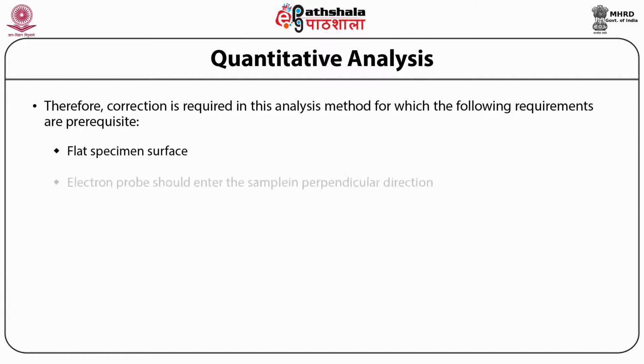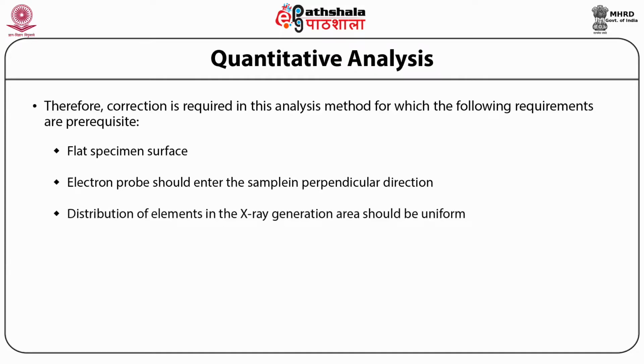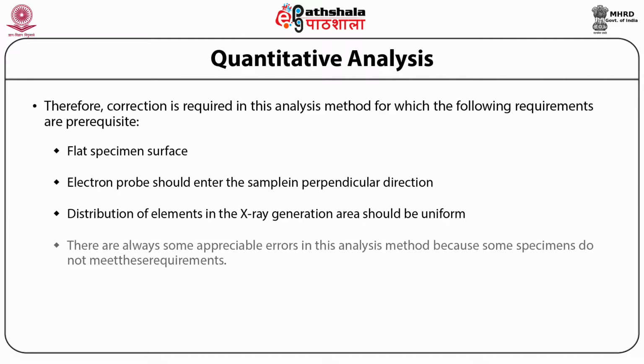Second, the electron probe should enter the sample in a perpendicular direction. The third one is that the distribution of elements in the X-ray generation area should be uniform. There are always some appreciable errors in this analysis method because some specimens do not meet these requirements.